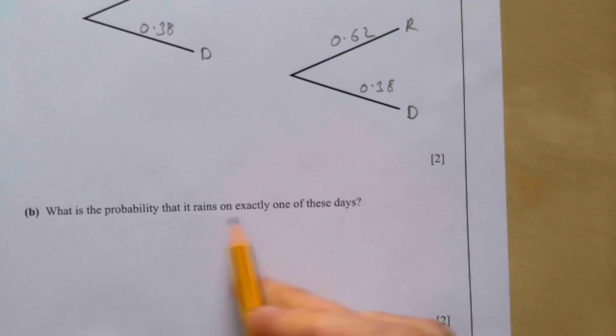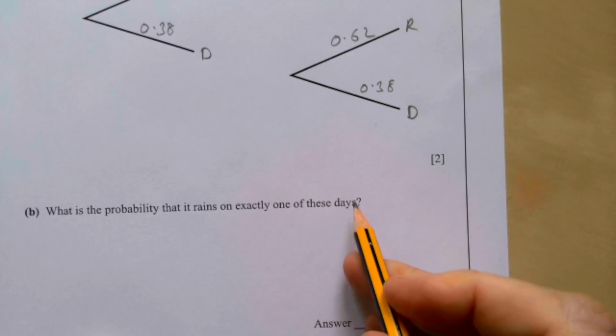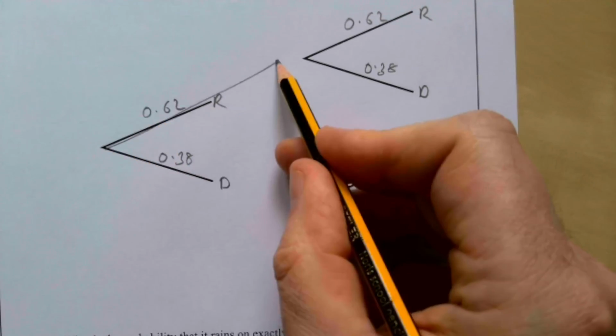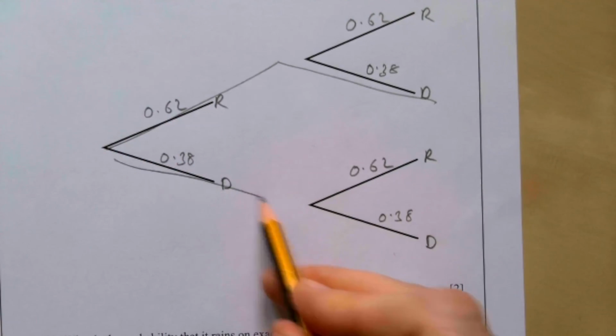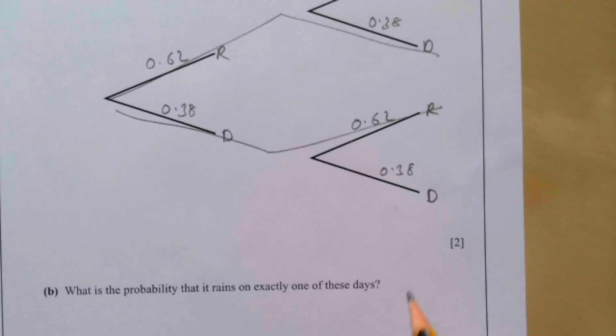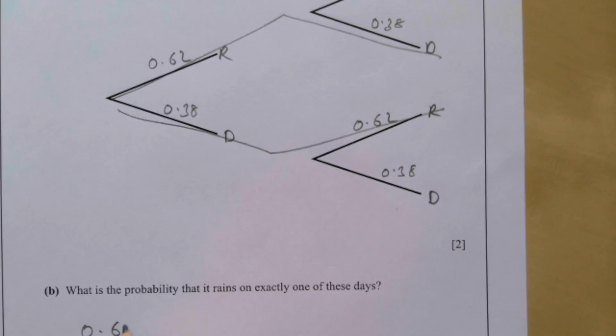What's the probability that it rains on exactly one of these days? So if it rains on one of these days, it's either going to be here, or it's going to be here. So that's going to be 0.62 times 0.38, or, so we add that on, 0.38 times 0.62.